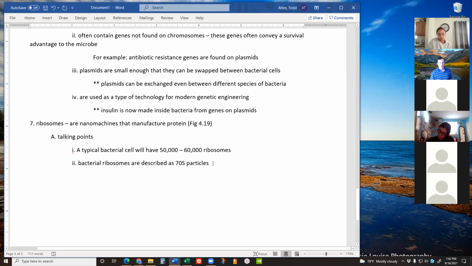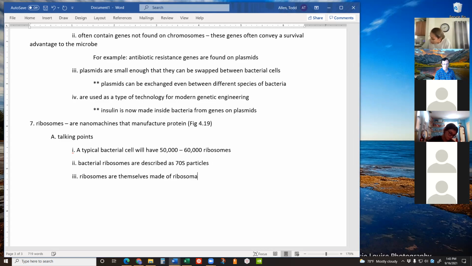I don't know if in your geekiest dreams you've ever wondered what a ribosome itself is made up of, but a ribosome itself is made of its own proteins and own ribosomal RNA. When you say ribosomal proteins, that's often abbreviated R-protein, and ribosomal RNA is little r RNA. That's what these machines are made out of.